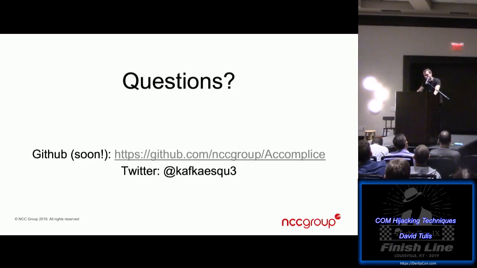I think Endgame had a blog post about COM hijacks where they said they'd detect this, but I haven't been able to test it on an Endgame product. Other than that, I don't know of any other products that are explicitly detecting this kind of activity.